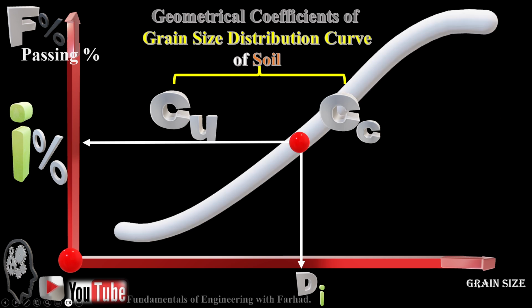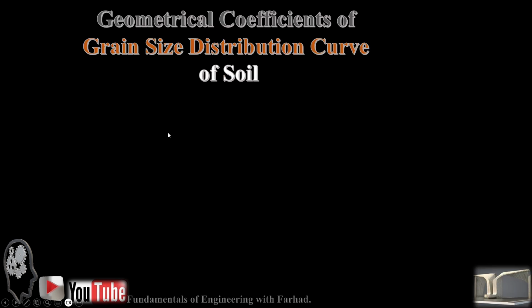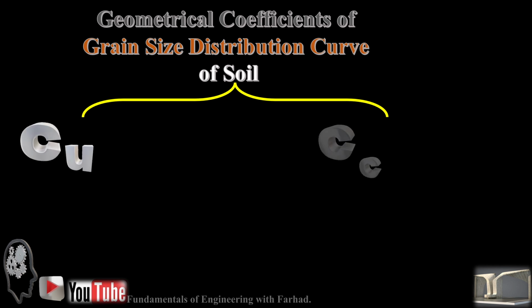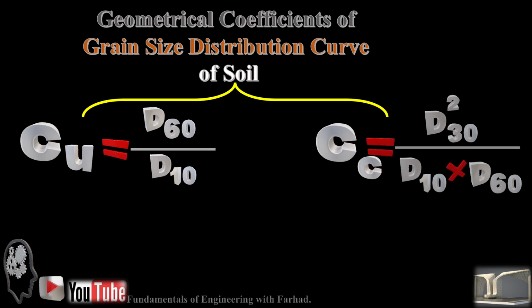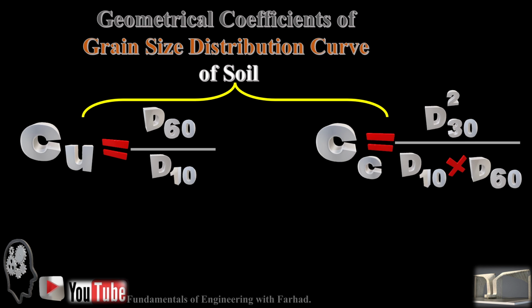If this is our soil distribution sample with an extended S shape, we want to know the formula and the math behind it, and also the conceptual meaning of the Cu and Cc. The formula for the coefficient of uniformity is D60 over D10, and that's the uniformity coefficient.